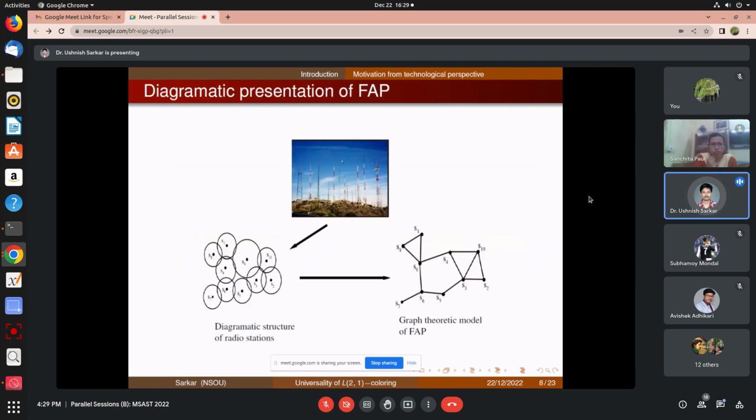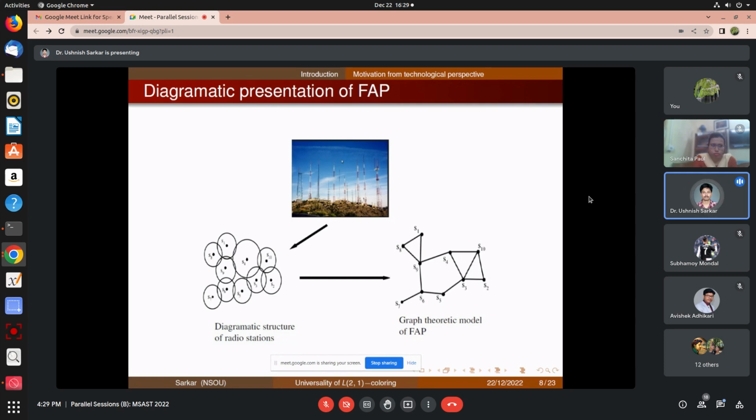So here is another diagrammatic or pictorial presentation of this problem, where at the top we are seeing a picture where the transmitters or transceivers, or we can take them as antennas, are distributed in a geographical region. In the left, I have denoted these transceivers or transmitters as some dots, and on the right-hand side, we are taking them as vertices of a graph.